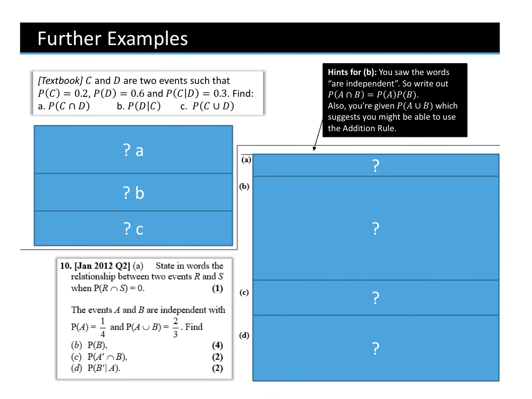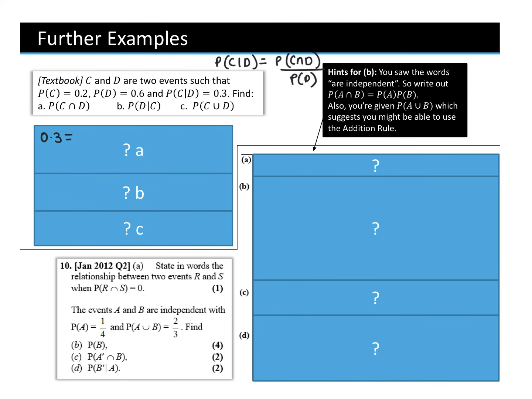Question 1. C and D are two events such that the probability of C is 0.2, the probability of D is 0.6, and the probability of C given D is 0.3. Now, we could draw a Venn diagram, and I do always say, when in doubt, draw it out. But we could also use the formulas. We know the probability of C given D is the probability of C intersection D over the probability of D. Now, we know the probability of C given D is 0.3 because it tells us in the question.